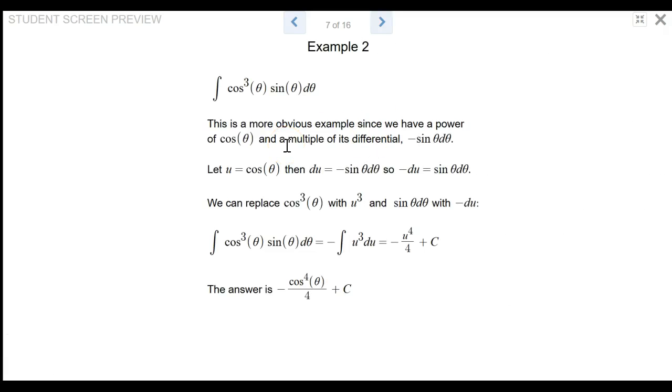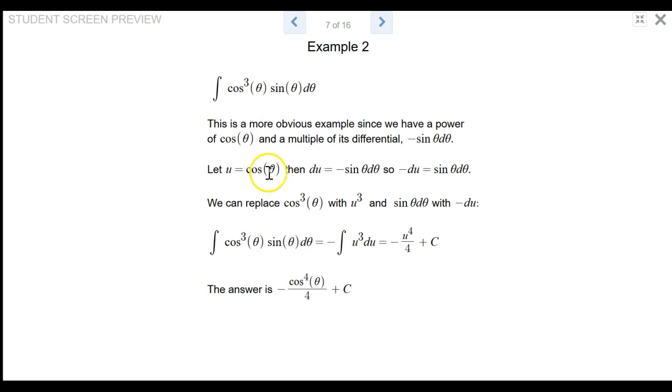Here's an example where you do have kind of an obvious case. So I have a power of cosine, and I know that the derivative of cosine is minus sine. So this is an easier example to see. This is more obvious. So if I let u equal cosine theta, that's the inside function, if you think of this as the outside function being u cubed.